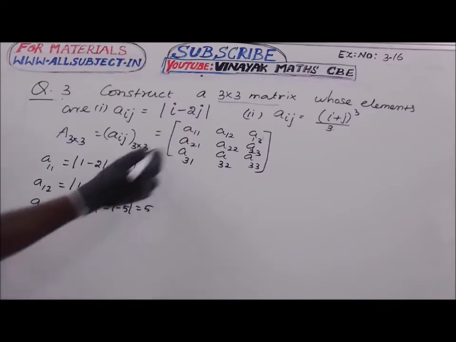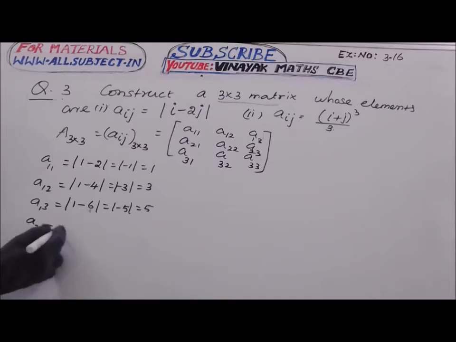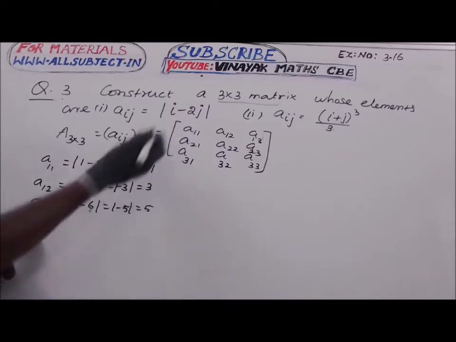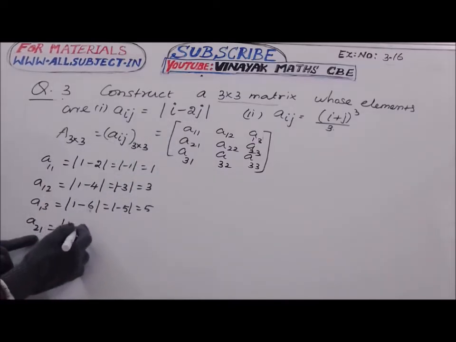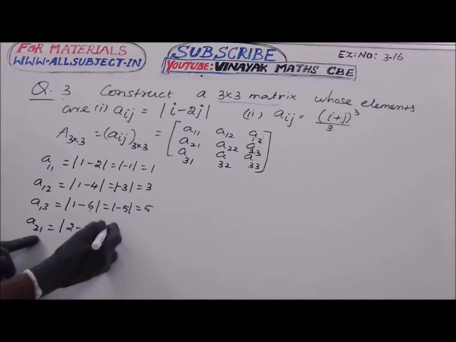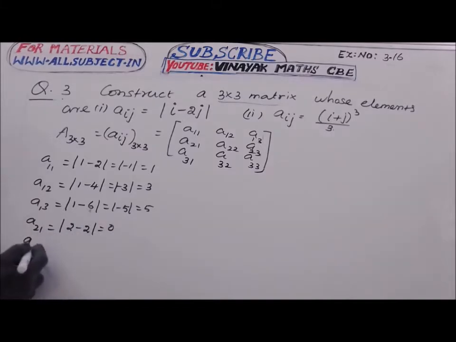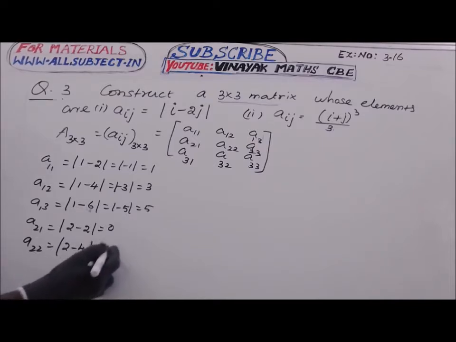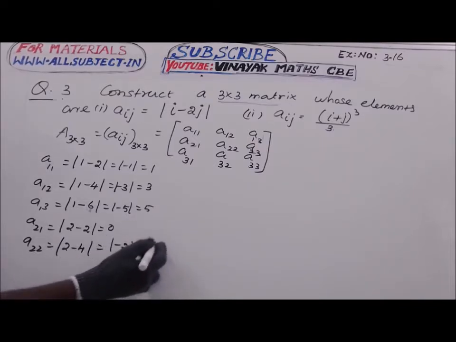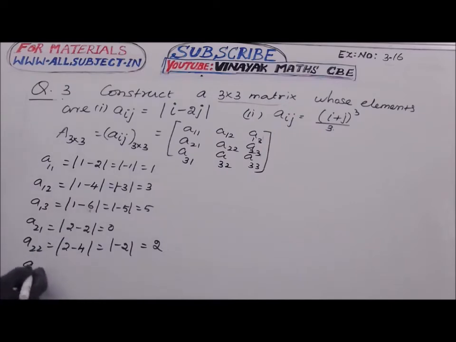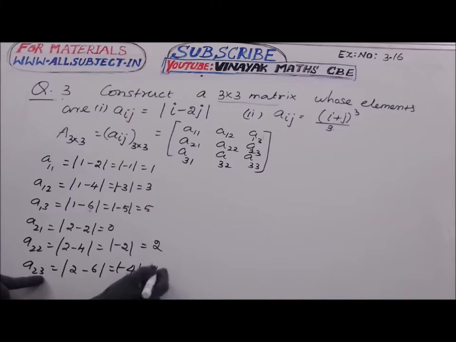And A21. Now i is 2, j is 1 here. Substituting, 2 minus 2 equal to 0. And then A22 equal to 2 minus 4 equal to minus 2. The absolute value is 2. And A23 equal to i equal to 2 minus, j is 3, 2 threes are 6, 2 minus 6 equal to the absolute value of minus 4 equal to plus 4.